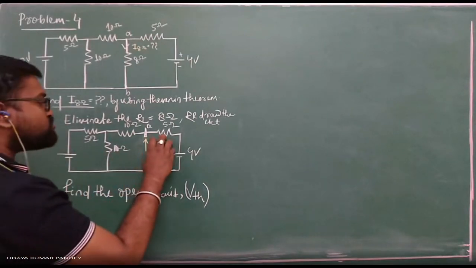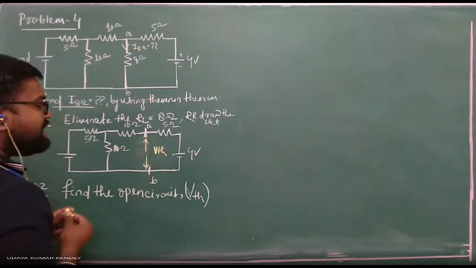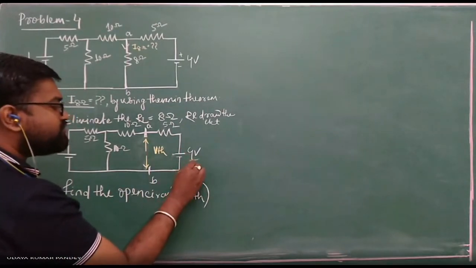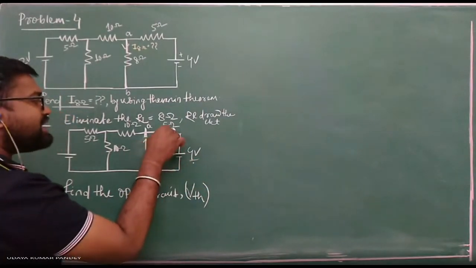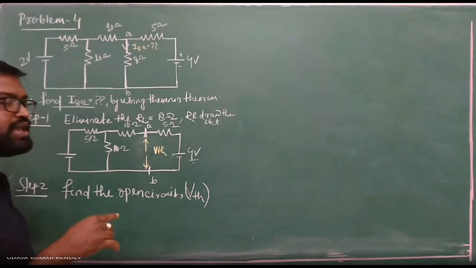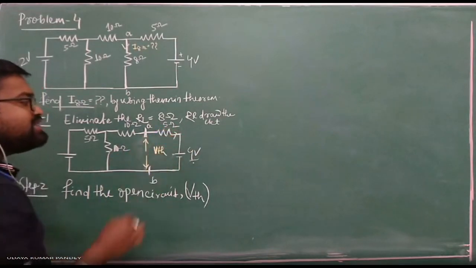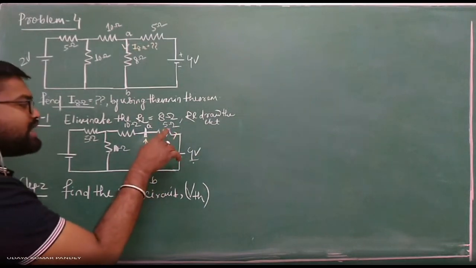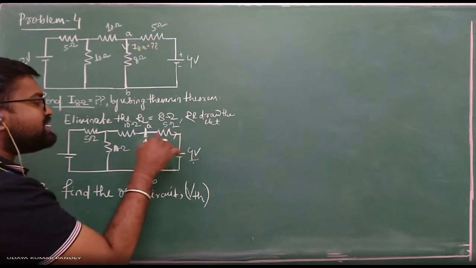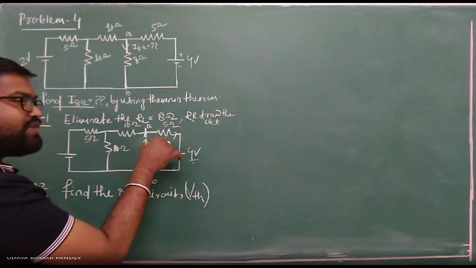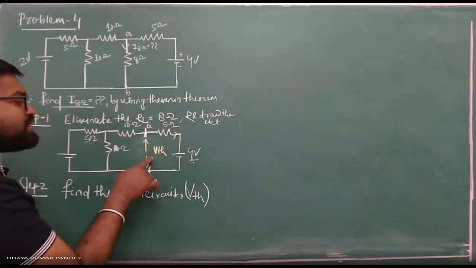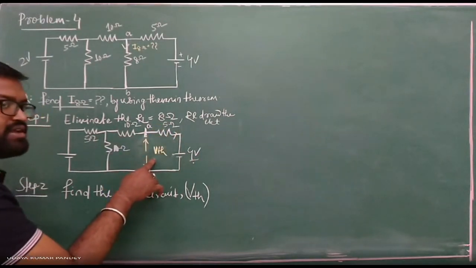Therefore I choose only this loop, and I have the 4 volt voltage, but you have a 5 ohm resistance here. How to convert it to voltage? You have to calculate this current. If you calculate this current, then definitely you will find this voltage, and you can calculate VTH. Yes or no?